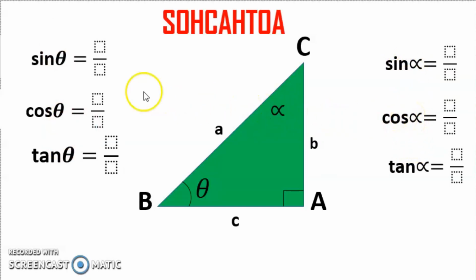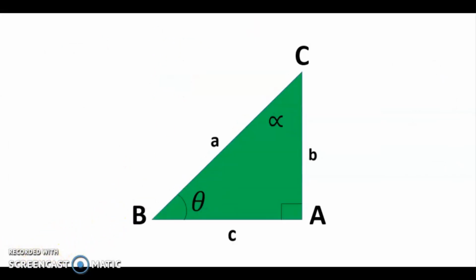Now, since we are asked to find sine theta, we use the SOH because S simply means sine. The SOH means opposite over hypotenuse.